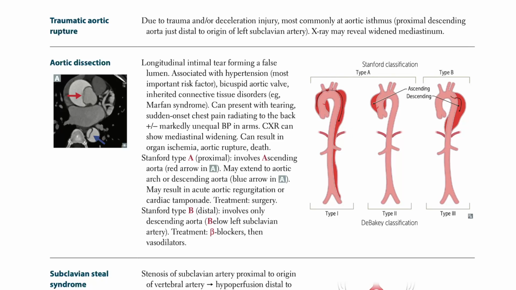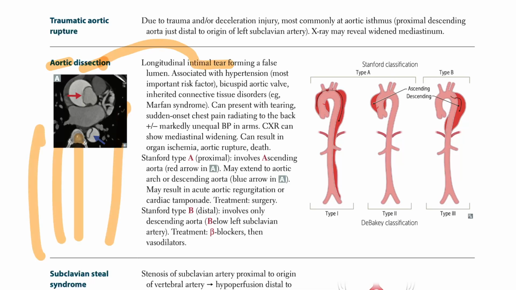When we talk about aortic dissection, what is dissection? It is an intimal tear, which forms when, let's just draw it here, this is intima. There's a tear and this forms a flap. This forms a false lumen here, right? Intimal tear forming a false lumen, associated with hypertension in older age. In younger age, you're looking at bicuspid aortic valve or connective tissue disease like Marfan.